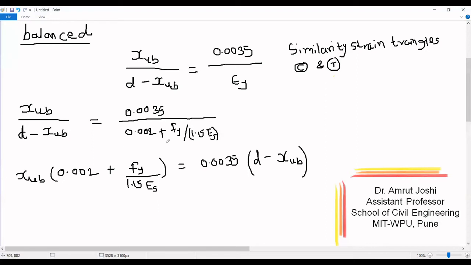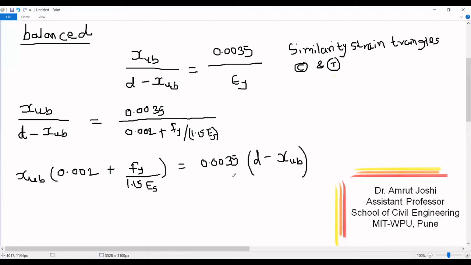On simplification of this equation, I will take d minus xub on this side. So it becomes 0.0035 into d minus xub. And then I will take 0.002 plus Fy upon 1.15 Es on this side, so it will be multiplied by xub. Now you can observe there is 0.0035 into xub here. That can be taken on this side. It will get added to 0.002 xub.